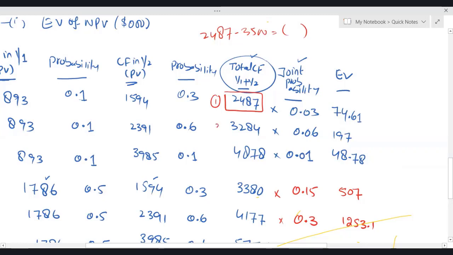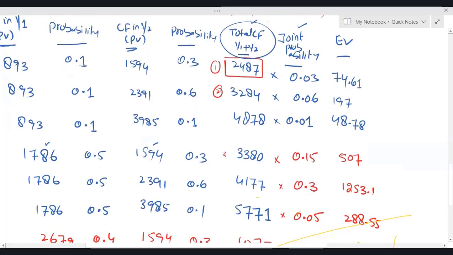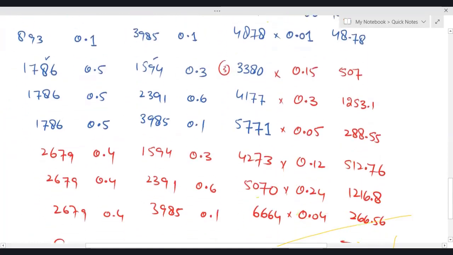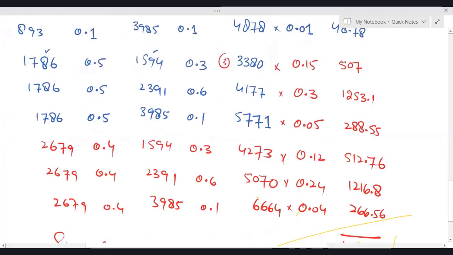Second, 3284. Even if the second event happens, which is 3284, if I deduct 3500 from here, again I'm going to have a negative NPV. Now look at this one, 3380. If the event of 3380 occurs, if I deduct 3500, again I'm going to have a negative NPV, which means there's no other event which results in negative NPV.